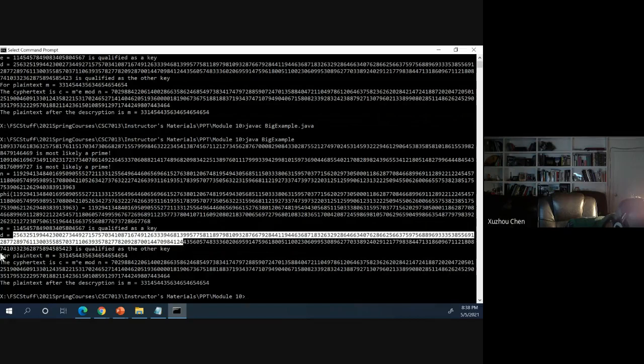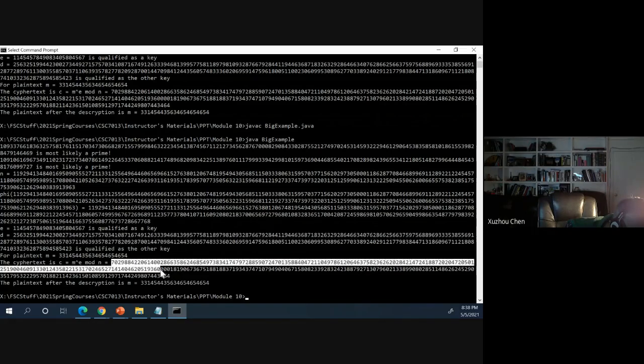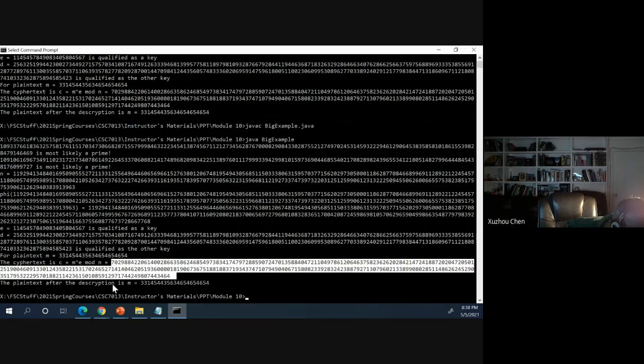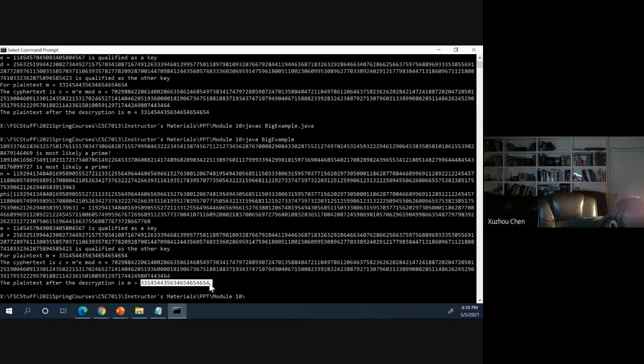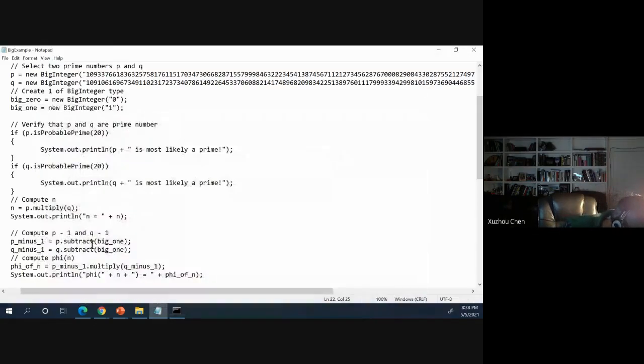Now for plain text m, the ciphertext c equals m to the e modulo n, which is this. And the plain text after decryption is m equals this, which is the same as this. Okay. So if you try to check another number, I can pick another number m.